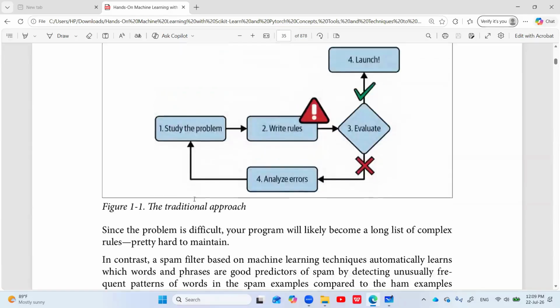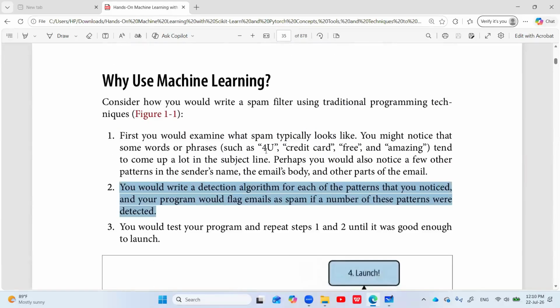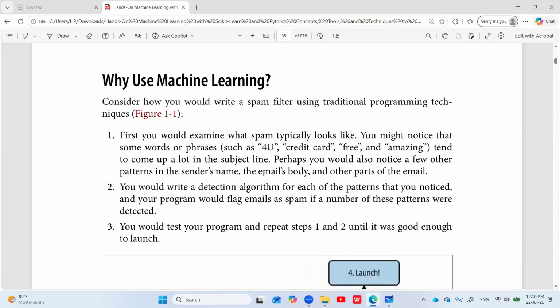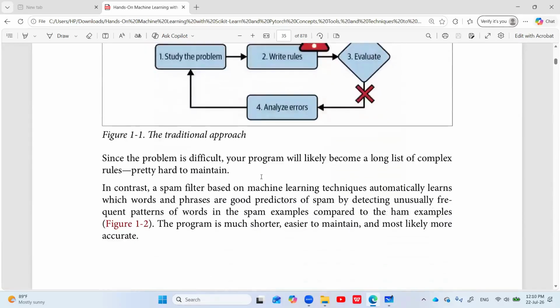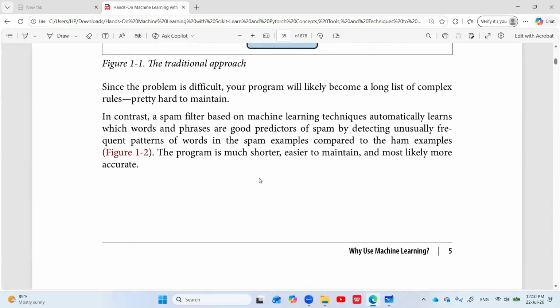Just imagine the spammer has written, instead of "for you", the word "for" with a capital F, capitalized "For" and "you". Then you have to write another rule for that one. That means there are plenty of rules you have to write.